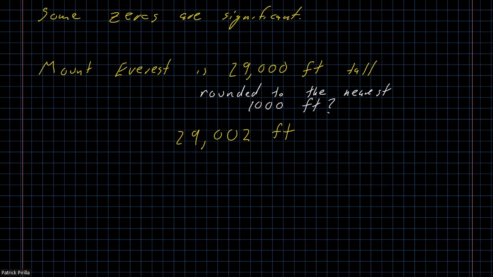If we want to report something as being measured to the nearest foot, we have to be more careful. So, in our significant digit analysis, we are going to report that these zeros are not significant.